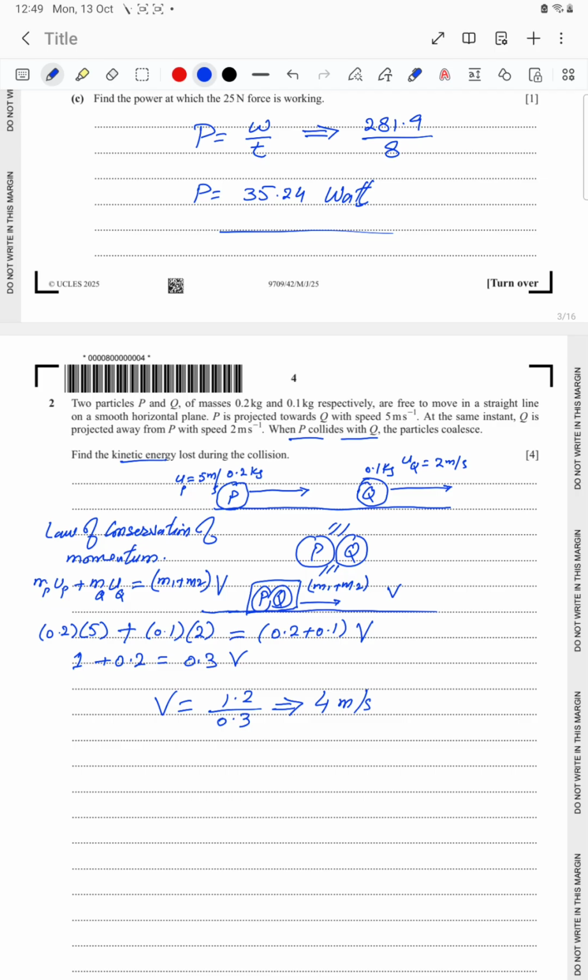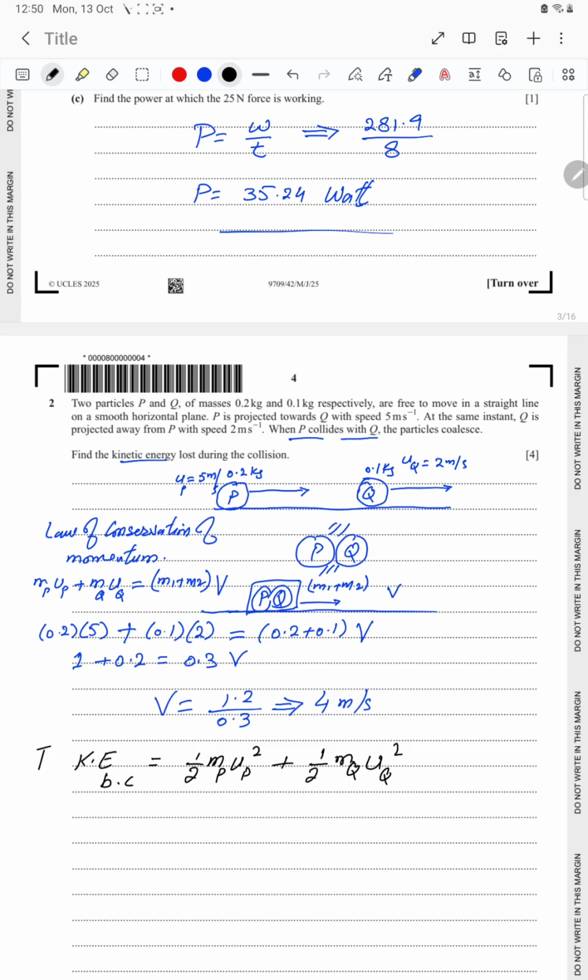Now we can use the law of conservation of energy, that states the kinetic energy lost during the collision. We just put the kinetic energy before collision: 1 by 2 mp up squared plus 1 by 2 mq uq squared.